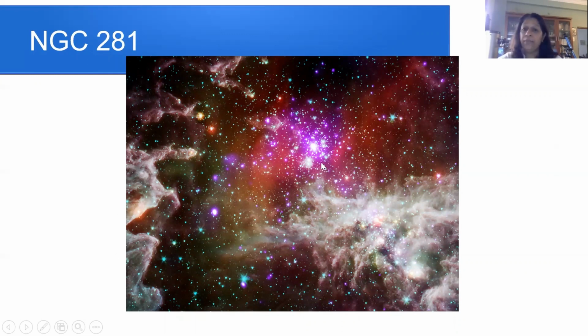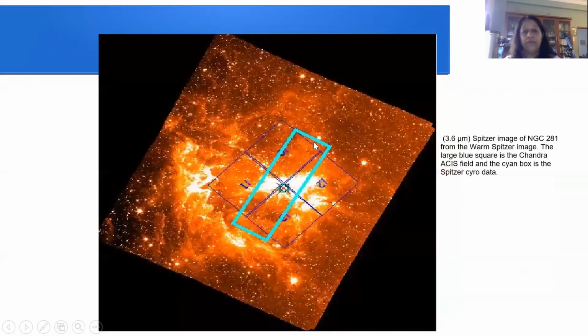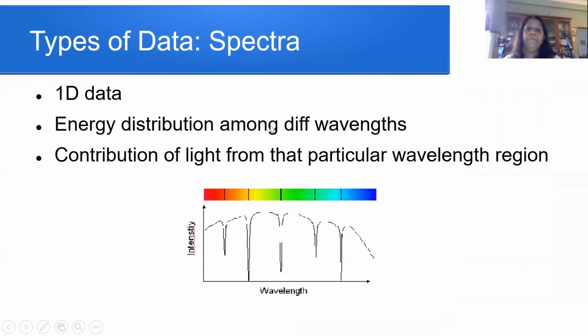So it helps you see the interplay between the gas, the dust and the hot stars. By overlaying images in different wavelengths and different energies, we can unravel the physics of this region, see which stars are emitting at which wavelengths, and what is contributing to what in this image.